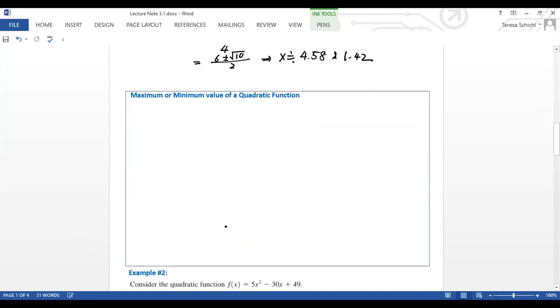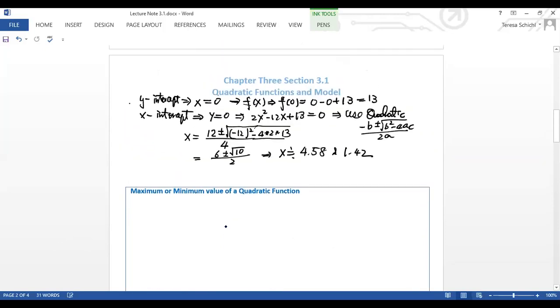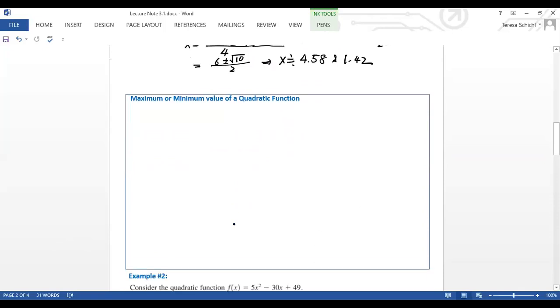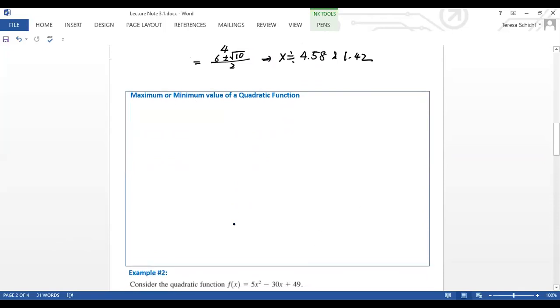The next thing is the maximum value and the minimum value for a quadratic function, just by the graphs. We know f of x is equal to ax squared plus bx plus c.